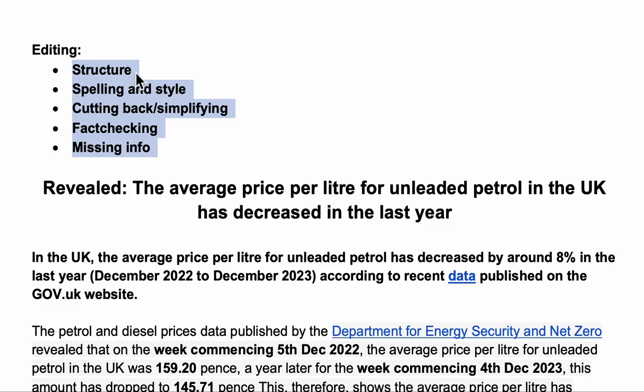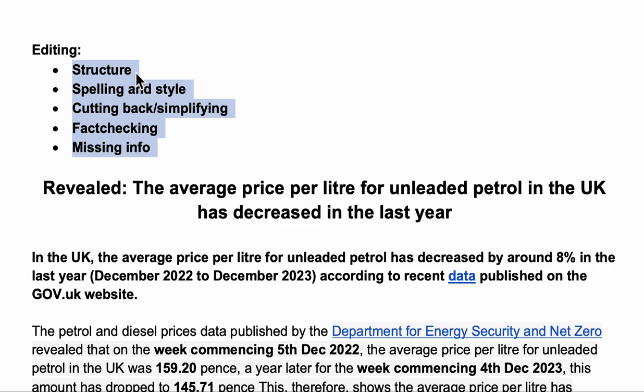The first is looking at the structure of the article and whether elements are in the right place. There's the most obvious aspect of editing, which is the spelling, but also the style. So does it follow the style of the publication? We'll come on to some of those things as we go. Cutting back and simplifying, that's the main thing we're going to do with this article.